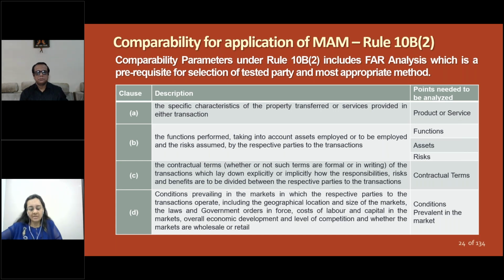For example, if I'm giving consultancy services in accounting, and another person is giving consultancy services in the medical field, and I have to apply the comparable uncontrolled price method, and I say that, okay, a doctor is charging $100 an hour and the CA is charging $50 an hour, they are comparable.